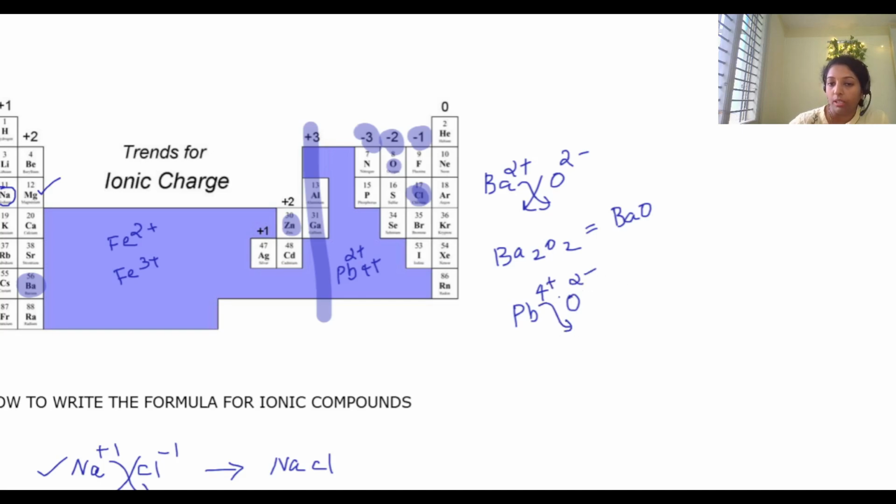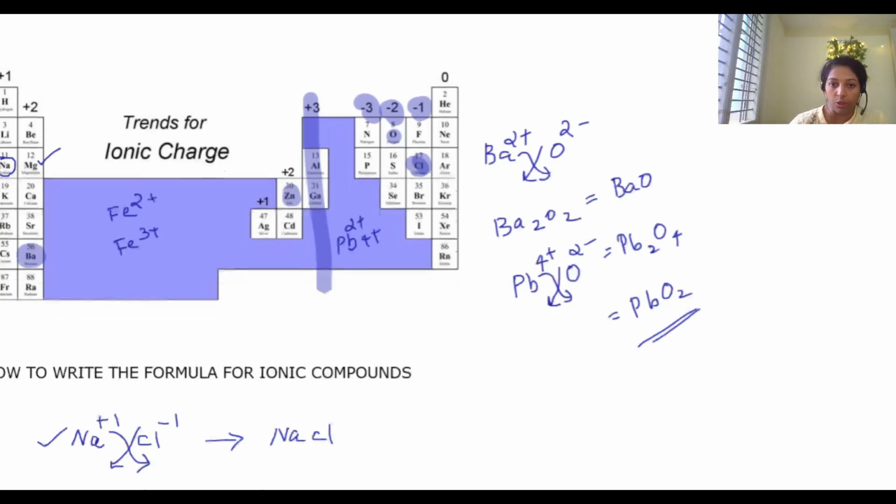So see the formula. Initially you can get Pb2O4, but the actual formula is PbO2. Always write the simplified form. Okay, that's how we need to write the formula of ionic compounds.